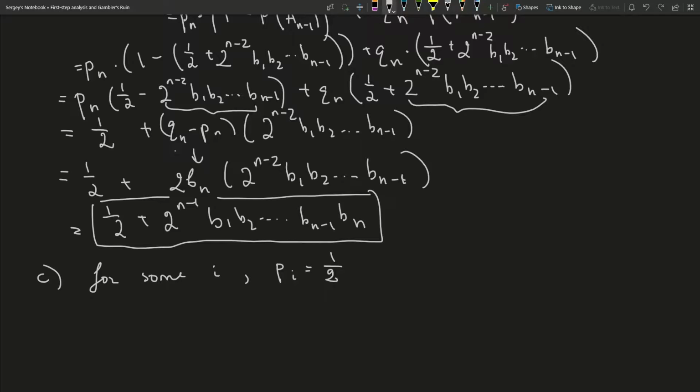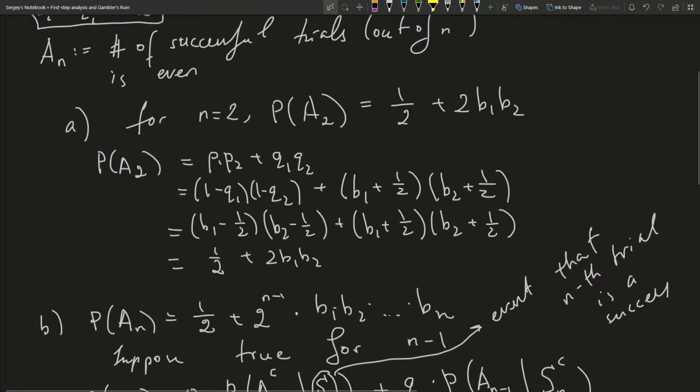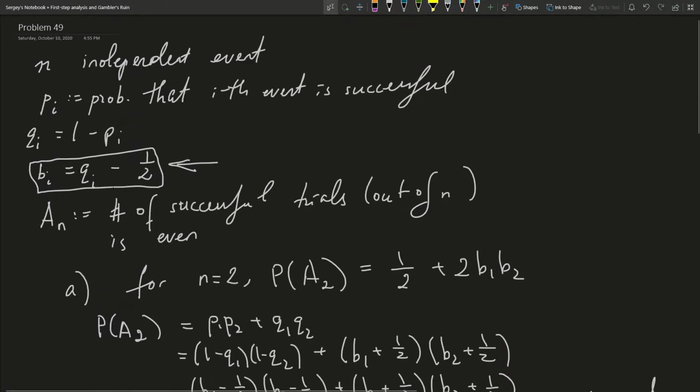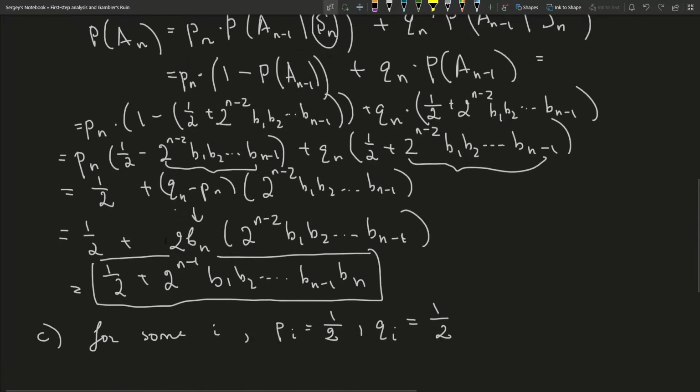So one thing to note is that if the probability of success is 1/2, then the probability of failure is 1/2 as well. And if we look at the definition of b sub i, it is qi minus 1/2. And so bi then becomes 0.